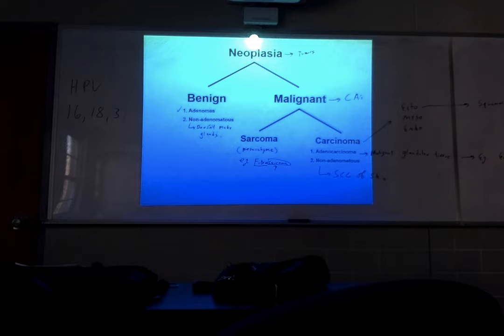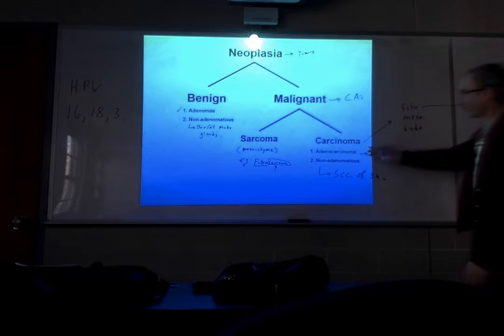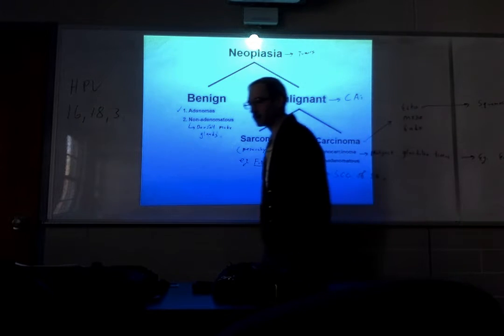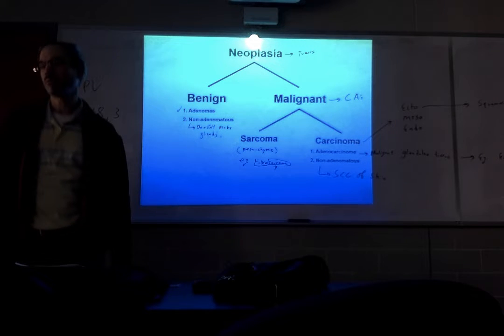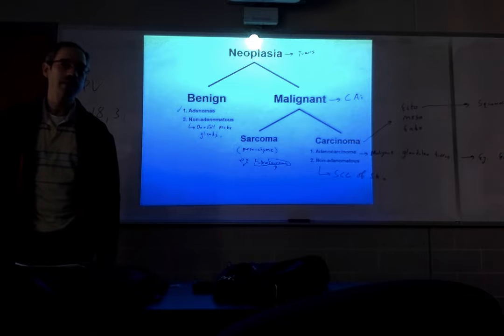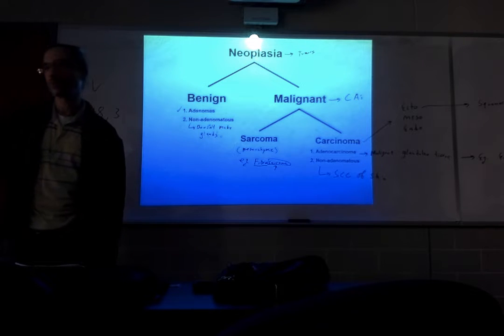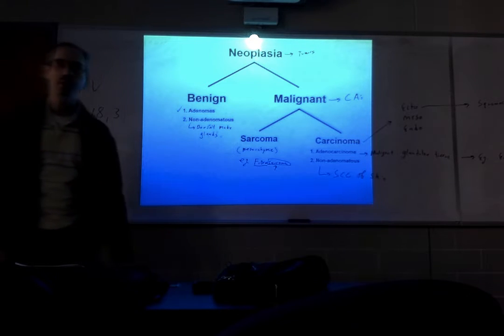Okay, so this is kind of the layout of the hierarchy of malignant neoplasms. Again, malignant neoplasms are even subclassified further. Their subclassification is very complex. Some of the different subclassifications are based on immunologic profiles and what receptors they're expressing.